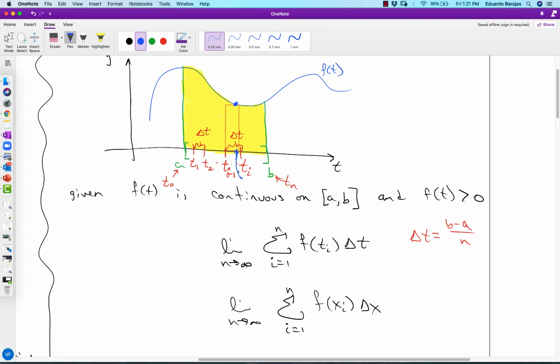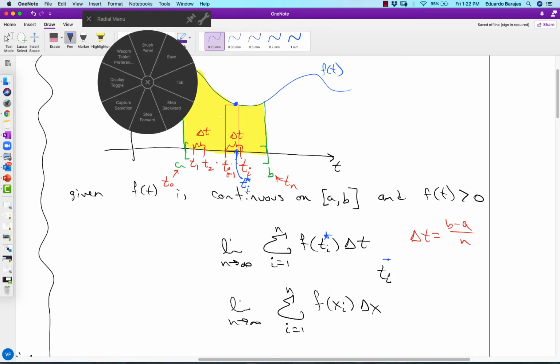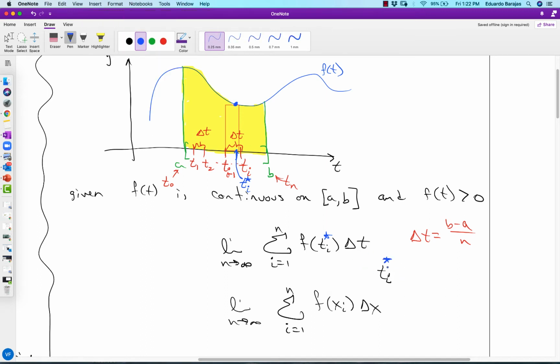So maybe I choose the point t sub i star, which is a value within there. So at first we let this be some t sub i star value such that t sub i star is an element of the set between t sub i minus 1 all the way out to t sub i.